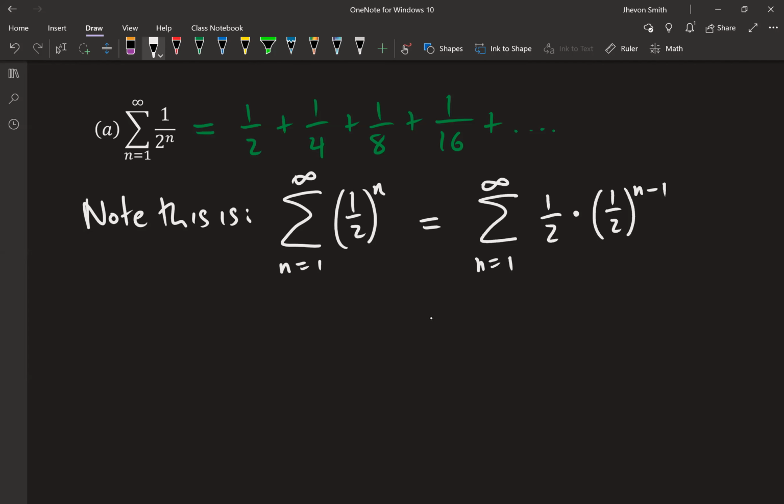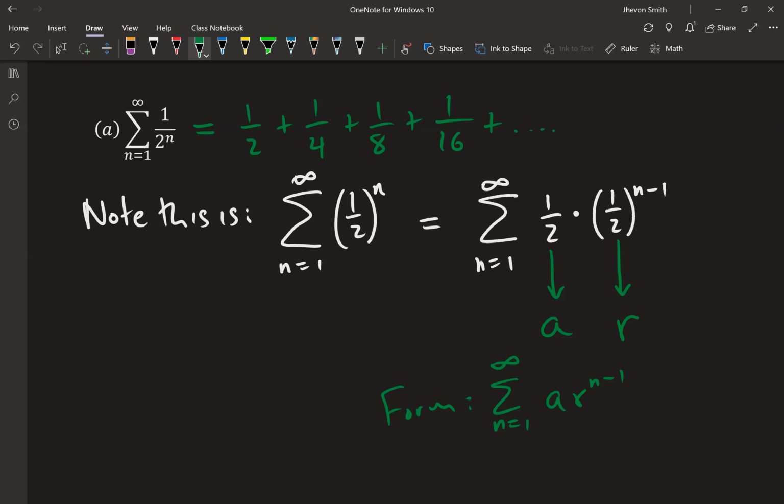And then by laws of exponents, I can factor off one of the halves to get a half times a half to the n minus 1 power. Now this guy here, the half is my a. And this half here is my r. So this is in the form ar to the n minus 1, and the sum n goes from 1 to infinity. So that's the form that I'm looking at.